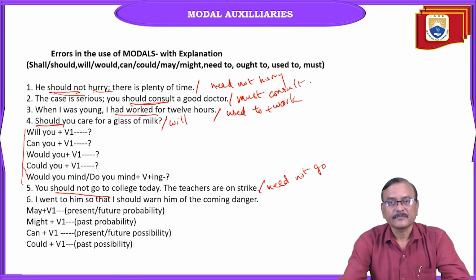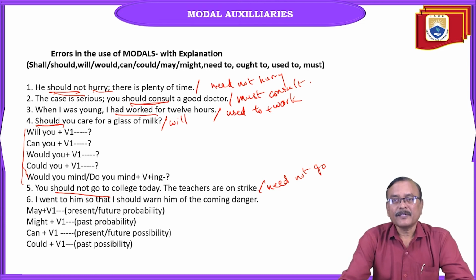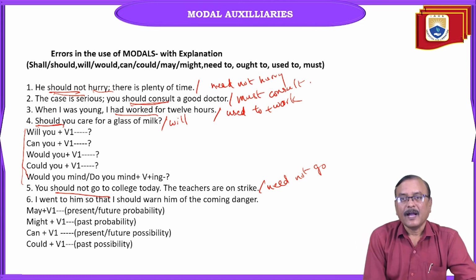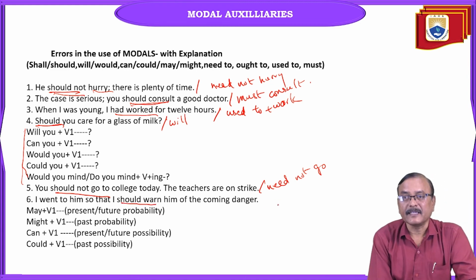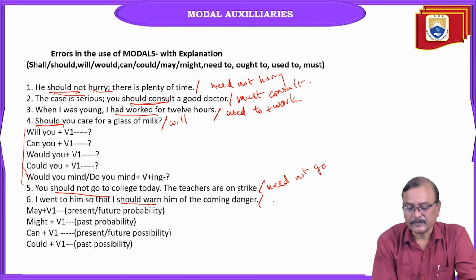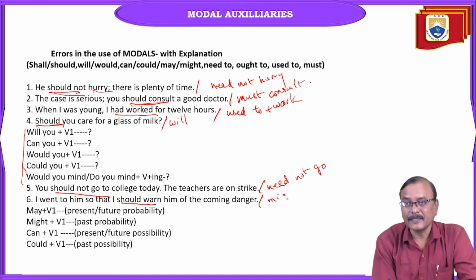Okay? Next. I went to him so that I should warn him. I should warn him of the coming danger. Right? So here, I went to him. As a result, what was the probability? I might warn him. So, I should, okay, or I might warn, or even I could warn also.